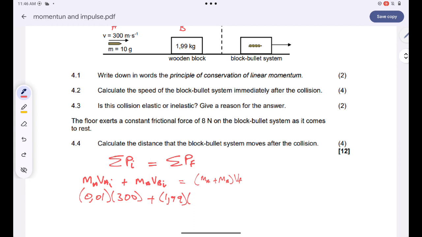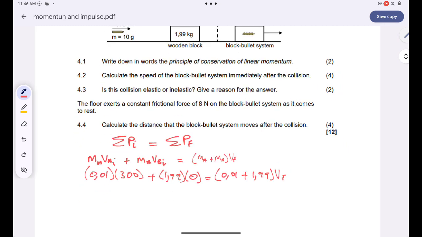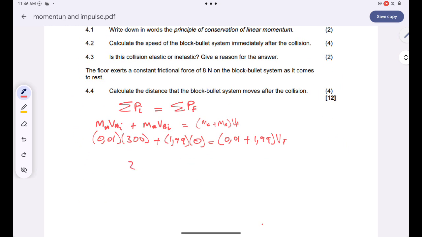The wooden block was resting before collision, so its velocity was 0 meters per second. Then we have 0.01 plus 1.99 multiplied by the final velocity. We have 3 on the left-hand side, and 2 multiplied by Vf on the right-hand side.